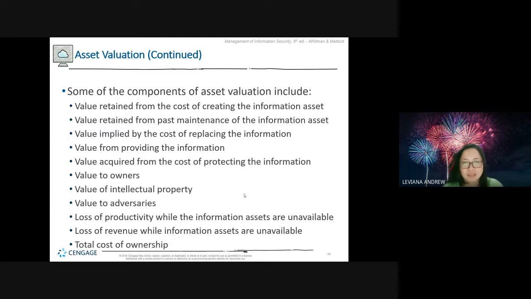Some of the components of asset valuation include value retained from the cost of creating the information asset. For example, many organizations have developed extensive cost accounting practices to capture the costs associated with collecting and processing data, as well as the cost of developing and maintaining software. Software development includes the efforts of the many people involved in creating the system.